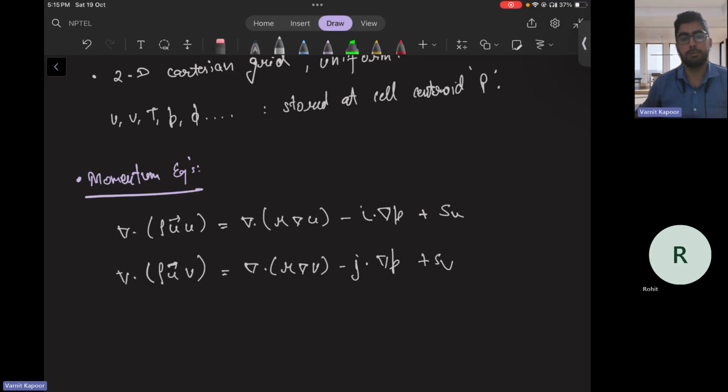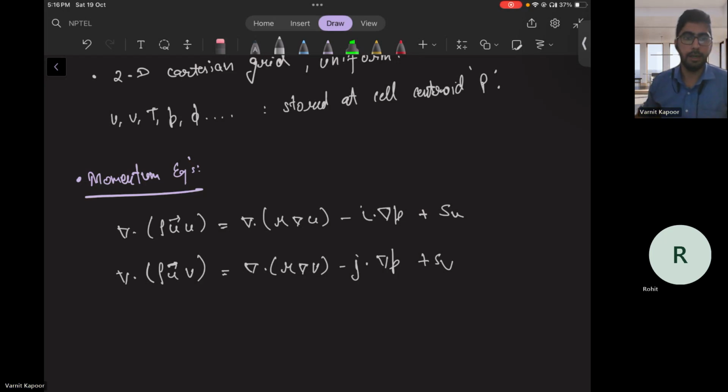That means we are storing both velocity components u and v, pressure, and temperature, everything at the centroid P. We create an additional velocity, which we call u_e and u_w, but they are an additional set of velocities. Otherwise, everything is at the cell centroid. These are the two momentum equations, including the source terms as well.